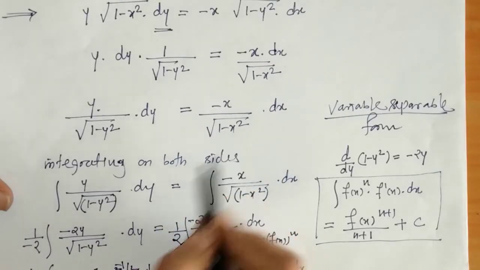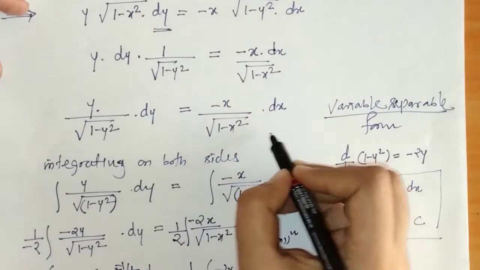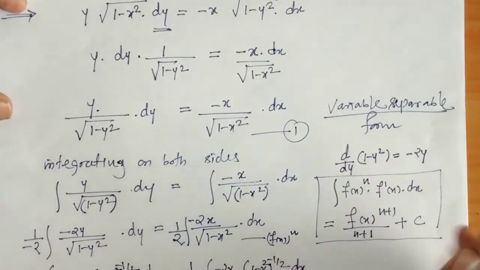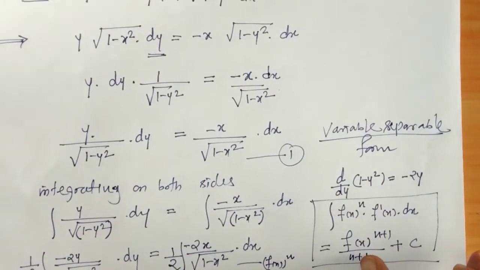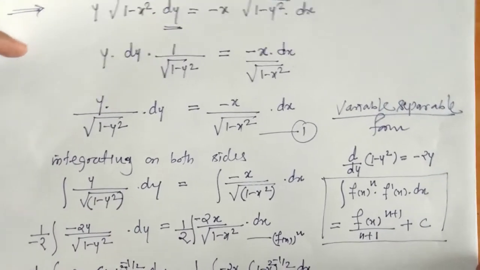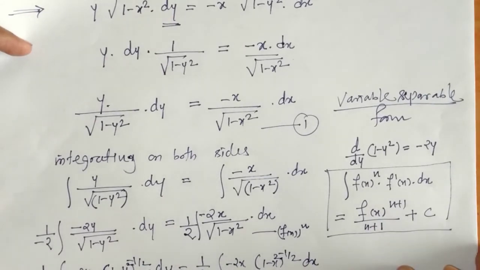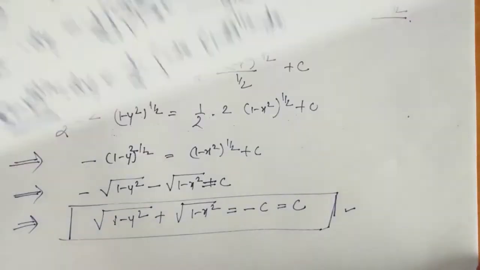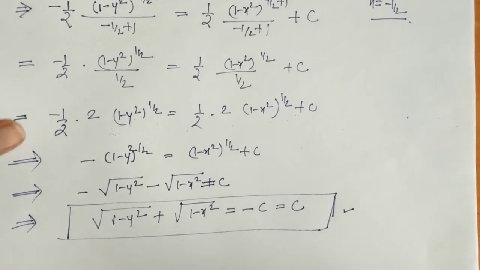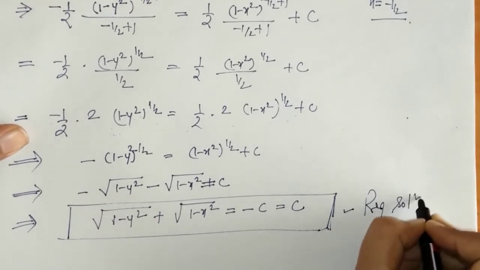And to get the required solution, we have to integrate the given equation on both sides. Then by using some standard results of integration, some formulas, we have to solve the given equation to get the required solution. So this is the required solution.